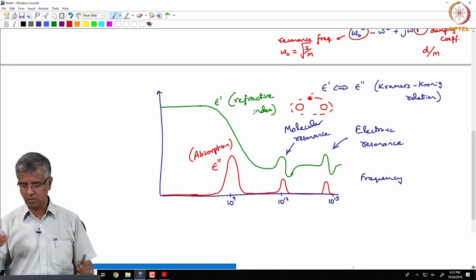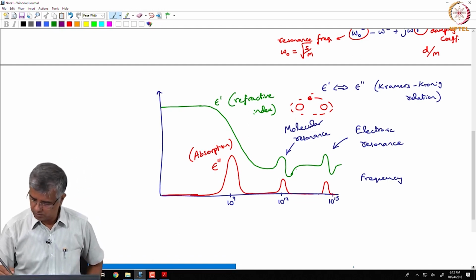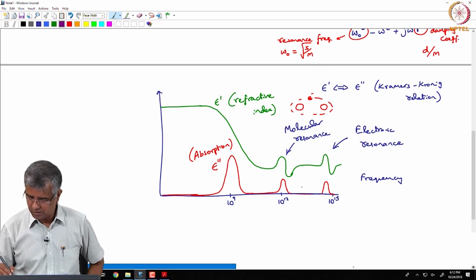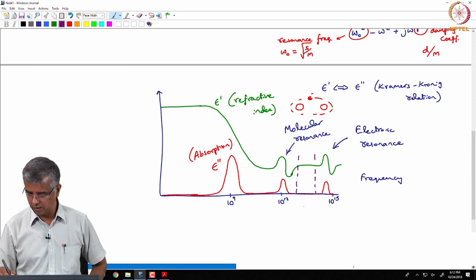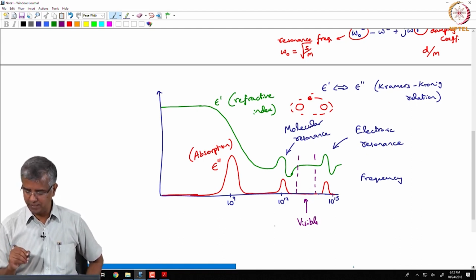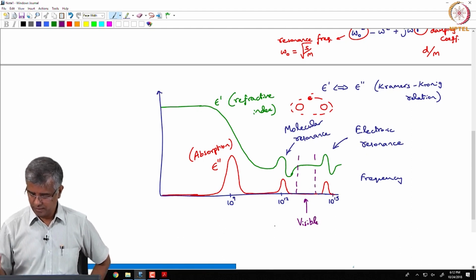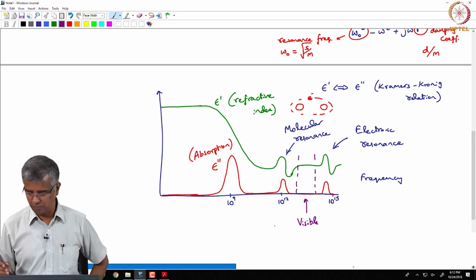Exactly. So let me give you a picture here, and then you can ask your question. So this is in frequency, right? This is actually our visible region, right? We talk about infrared, that means it's inferior to the red frequency, lower than the red frequency.